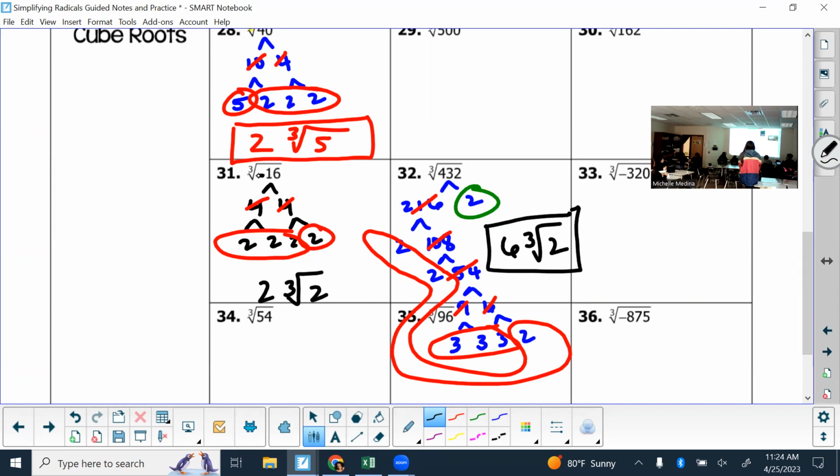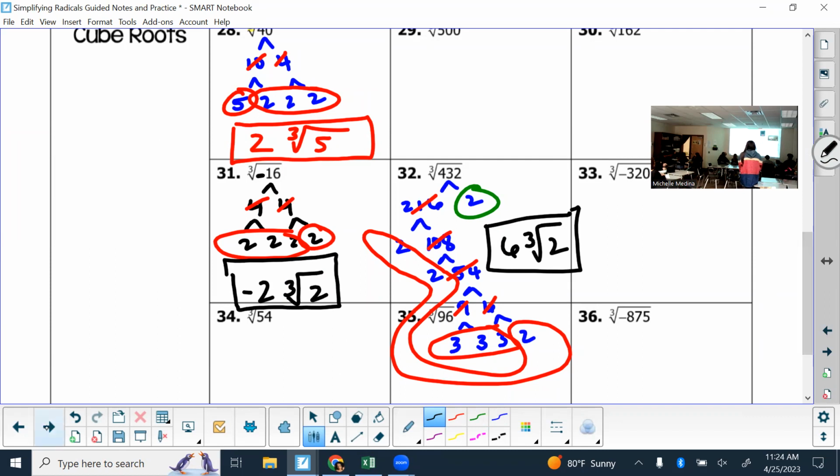Since my answer is negative, I'm just going to put the negative on at the end. So if your cube root is negative, then just put the negative on the one that escaped. That makes sense? Okay, really just so you can do the practice. I'm majorly focused on you guys understanding how to simplify a non-perfect cube root.